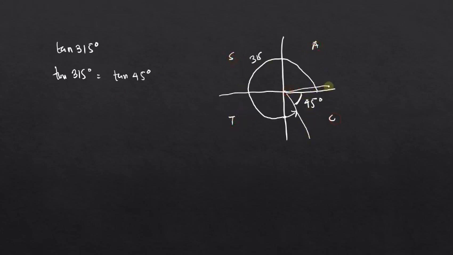This is in the fourth quadrant, and in the fourth quadrant only cos is positive and tan is negative, so we need to negate this, and tan of 45 is 1, so you should get your answer to be negative 1. So that's how to compute any trig ratio. Try drawing the diagram around it.